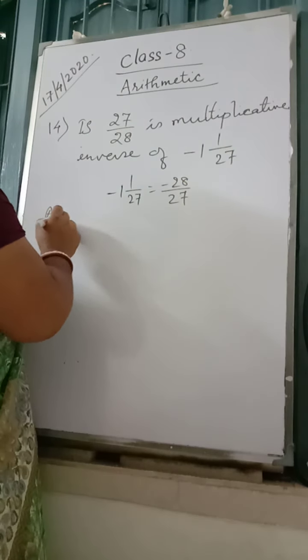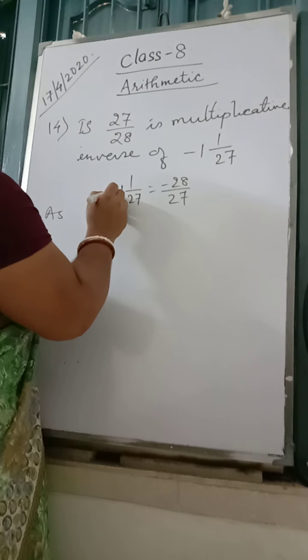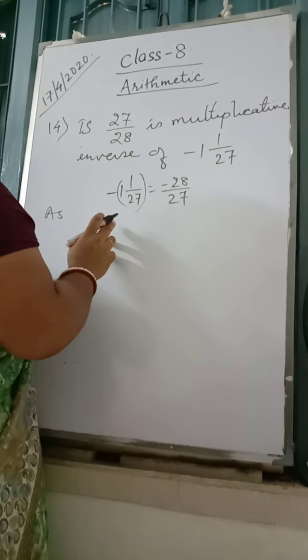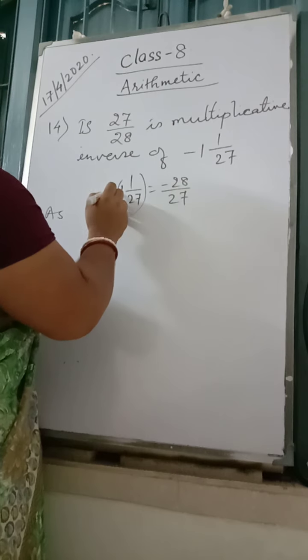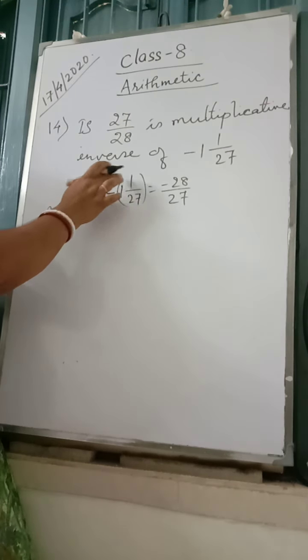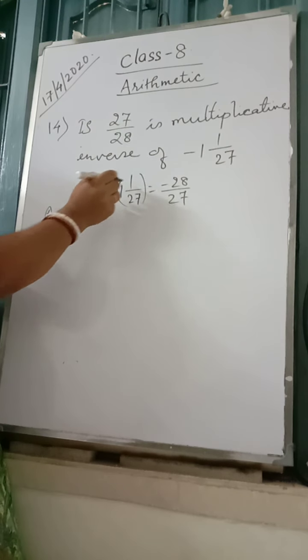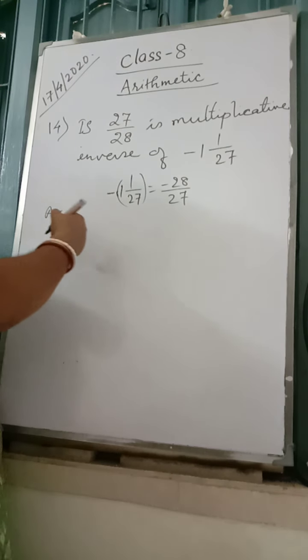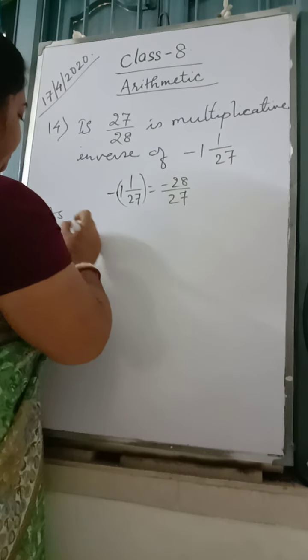Actually the minus is for the whole, you have to always take it for granted. So minus of 27 into 1 plus 1, 28 by 27.